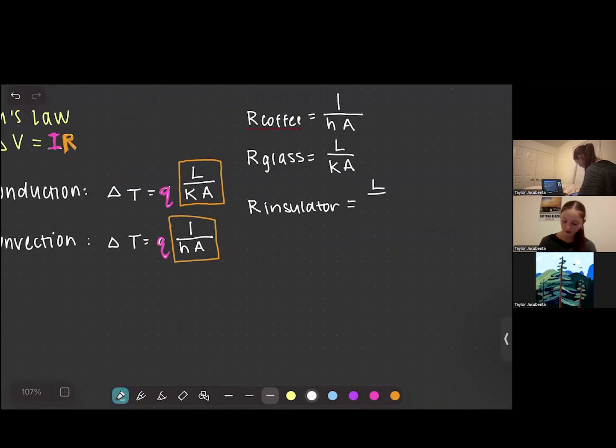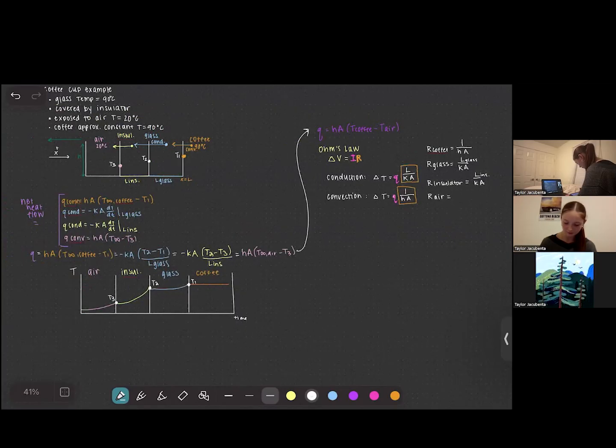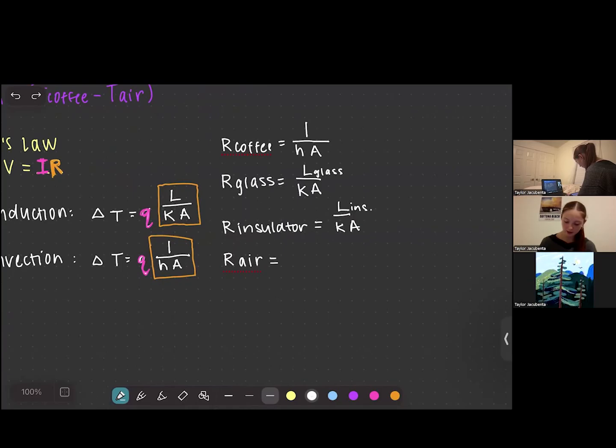And that will be the length of the insulator times the thermal conductivity times area. And the resistance of air is due to convection, as we said over here. And that will be 1 over h times the area of the surface.